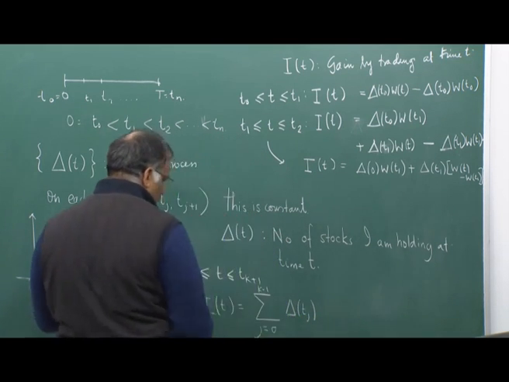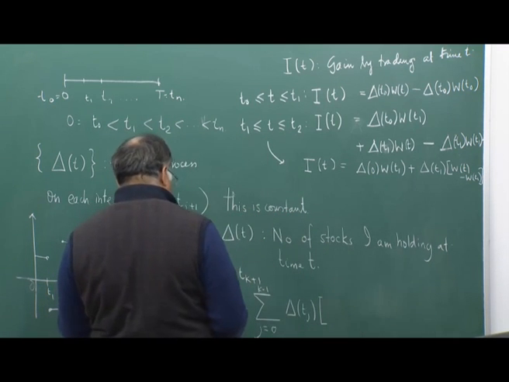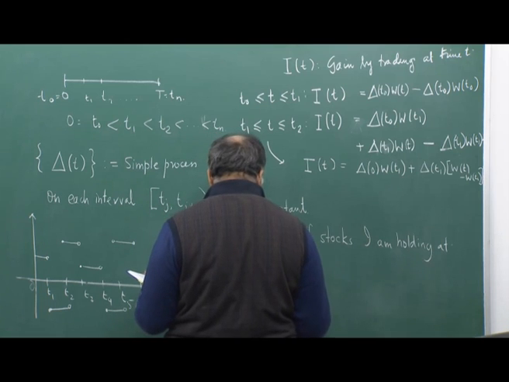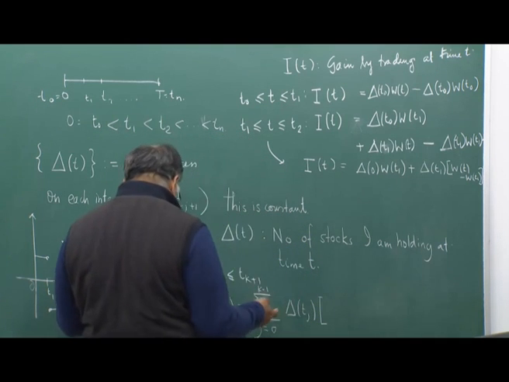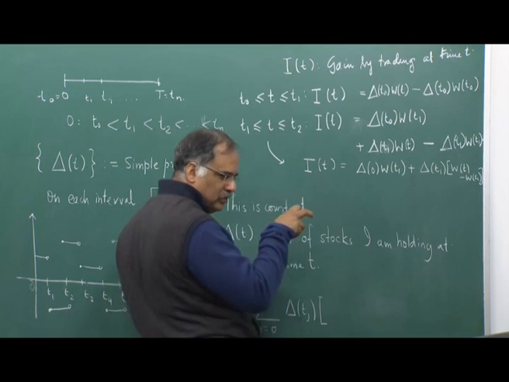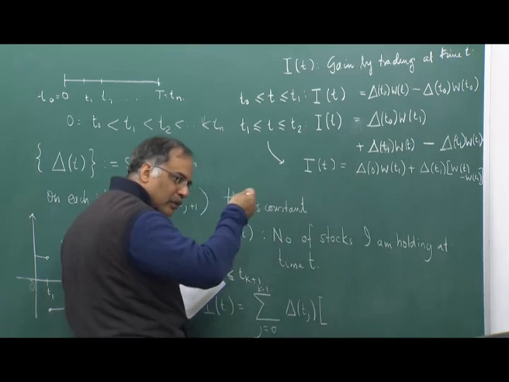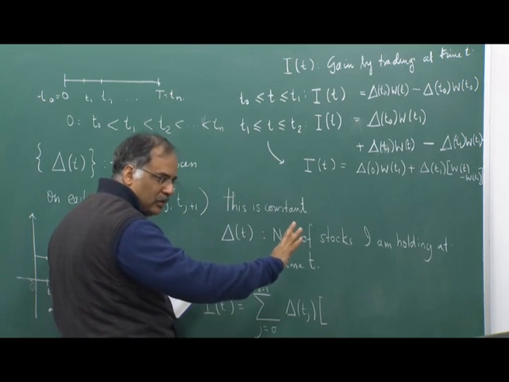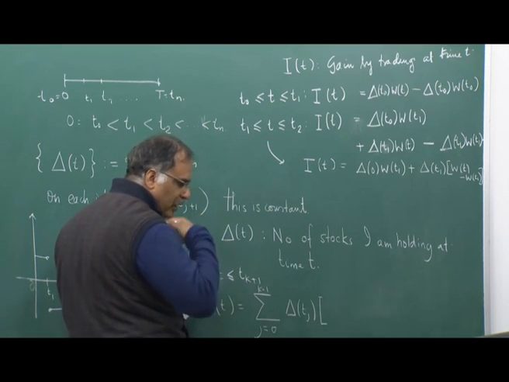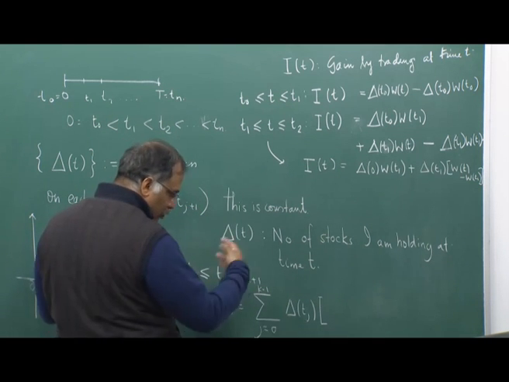What does it say? At every time point till time k minus 1, what did he do? He bought something, held it in one interval, then sold that thing and bought a new stock by using the money he had gained. He sold something, and whatever money he got, he spent a part of it to buy something.